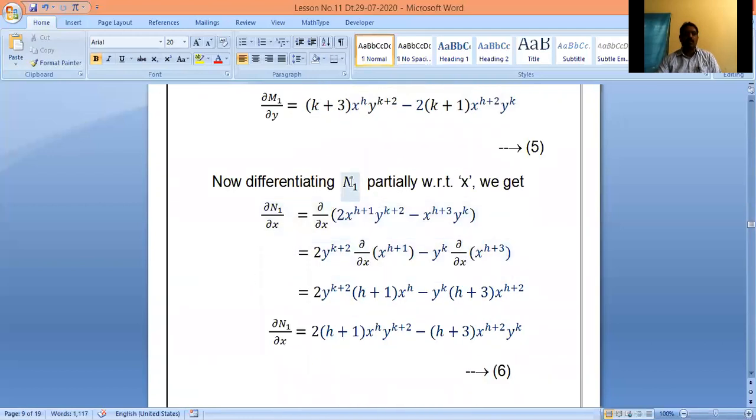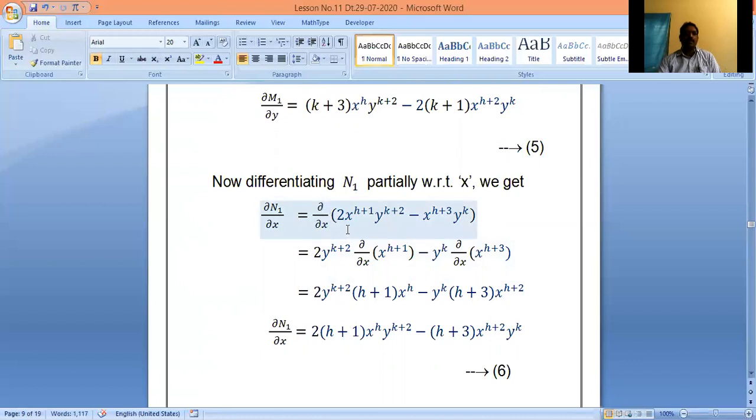Now, differentiating N1 partially with respect to x, we get ∂N1/∂x = ∂/∂x of [2x^(h+1) y^(k+2) − x^(h+3) y^k]. Differentiating partially with respect to x, treating y as a constant.